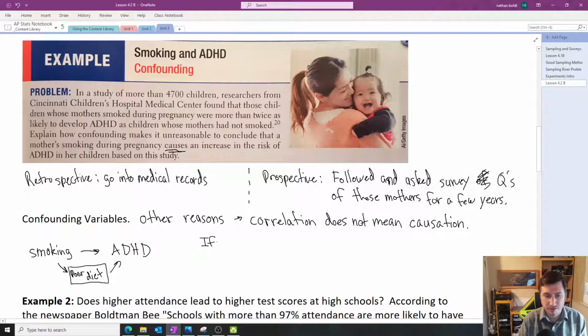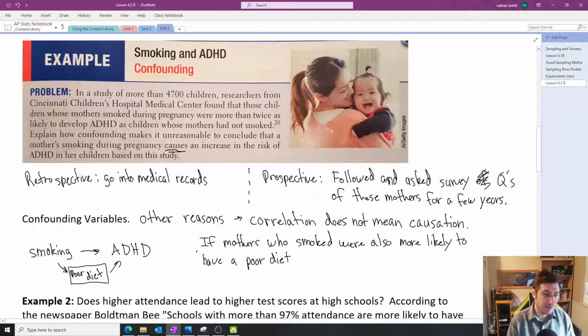If mothers who smoked were also more likely to have a poor diet. So there I connected my explanatory variable, the smoking, to this other variable that might actually be the cause.